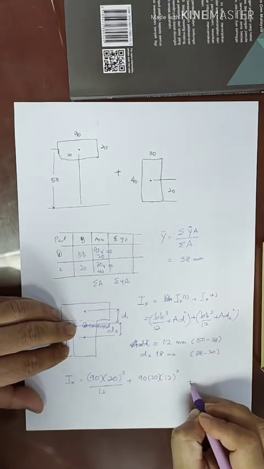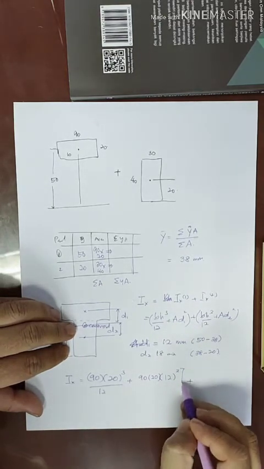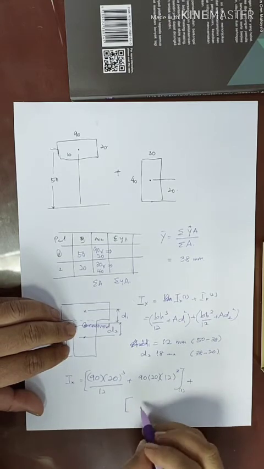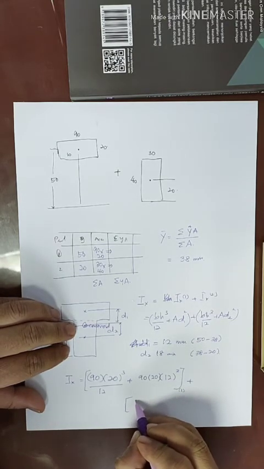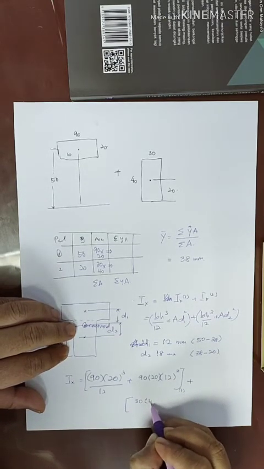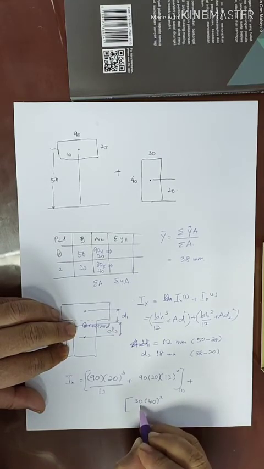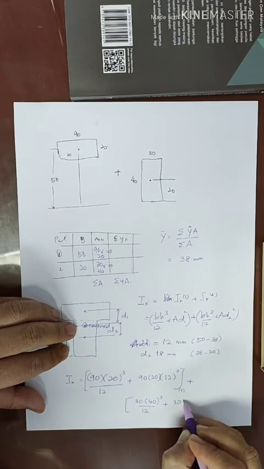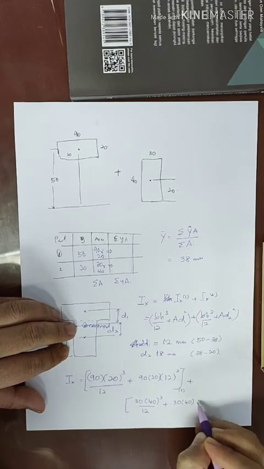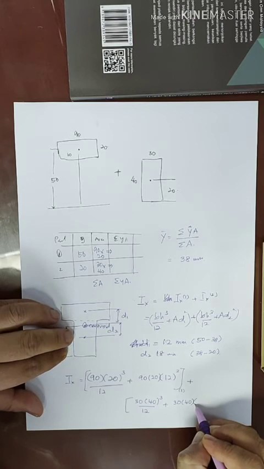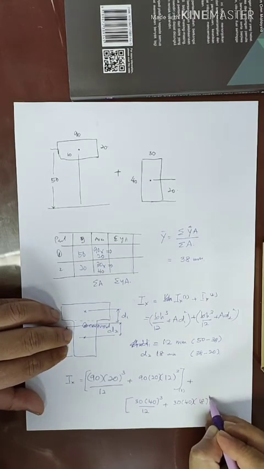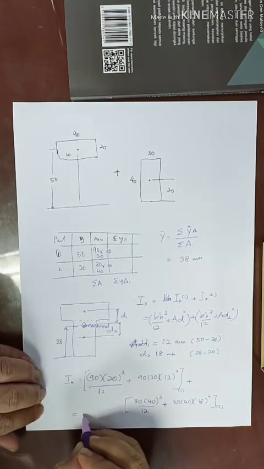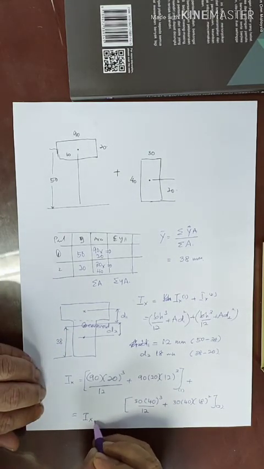And then plus, for part 2, b is 30, h is 40 cubed divided by 12, plus A is 30 times 40, plus d2 is 18 squared for part number 2. So you have the total Ix.